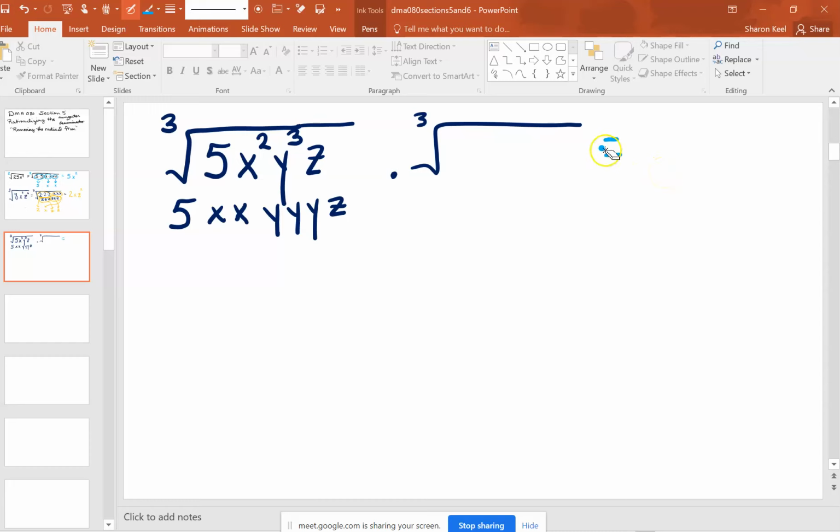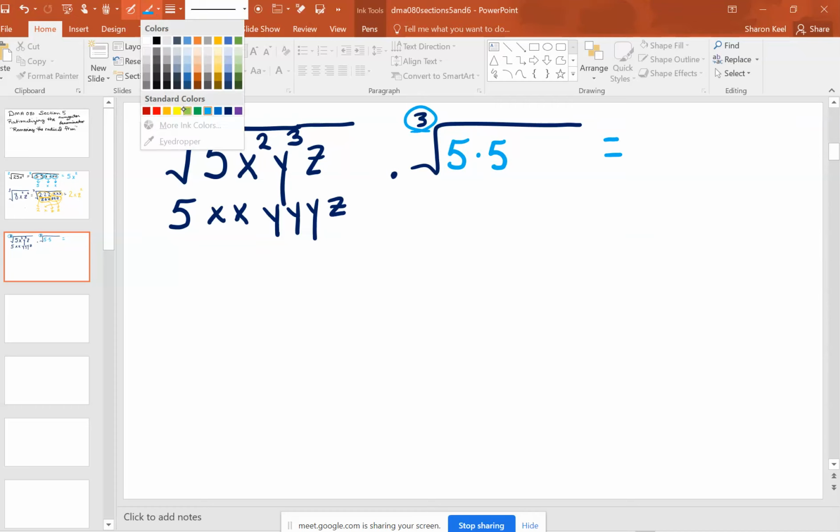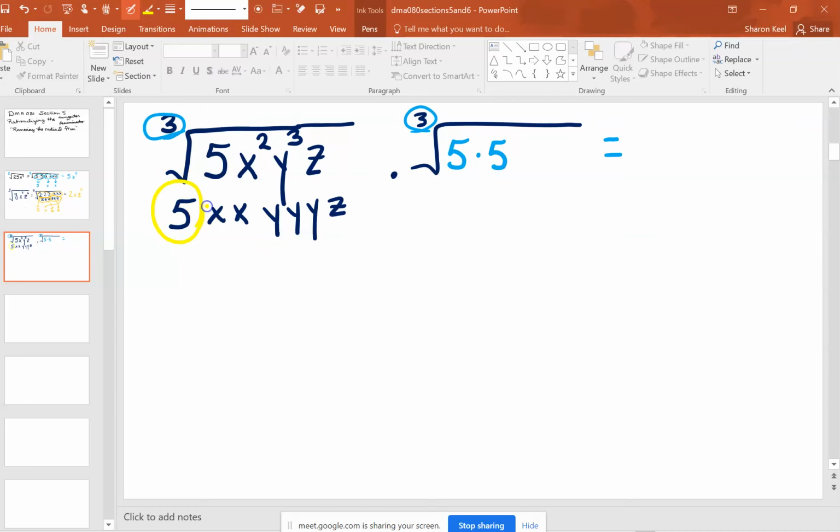So if I have 1 5, I would need 2 more 5's. If I have 2 more 5's, I then would have a total of 3 5's, so that 5 will come out from under the radical. I have 1, and when we get into rationalizing, we have to figure out how many more we need in order for the 5 to come out.